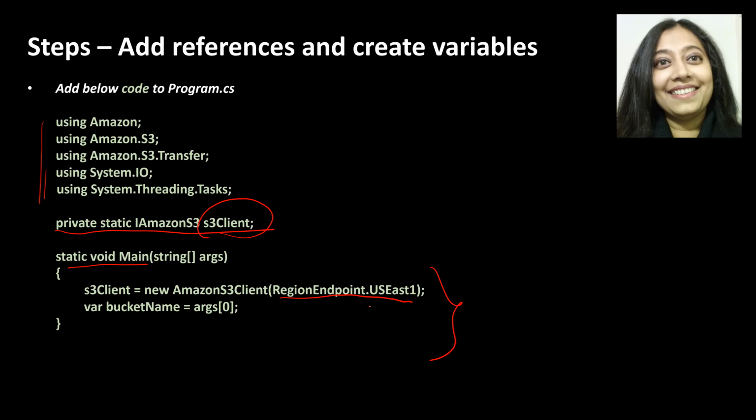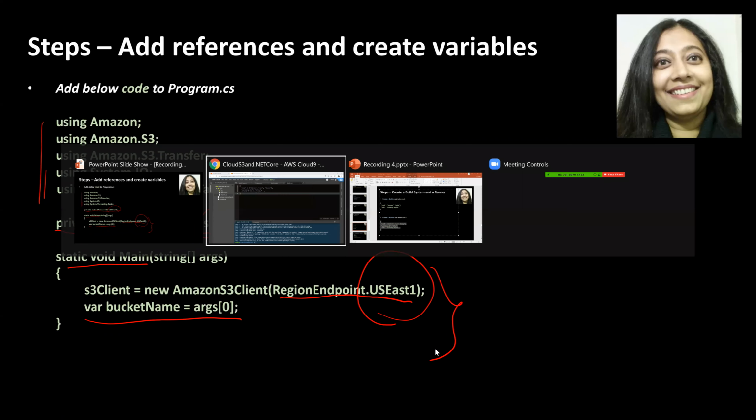So I have just hard coded this here. In case you want, you can send this as a parameter. The only thing that I'm getting as a parameter right now is my bucket name. So this bucket name is going to be sent as the first parameter.